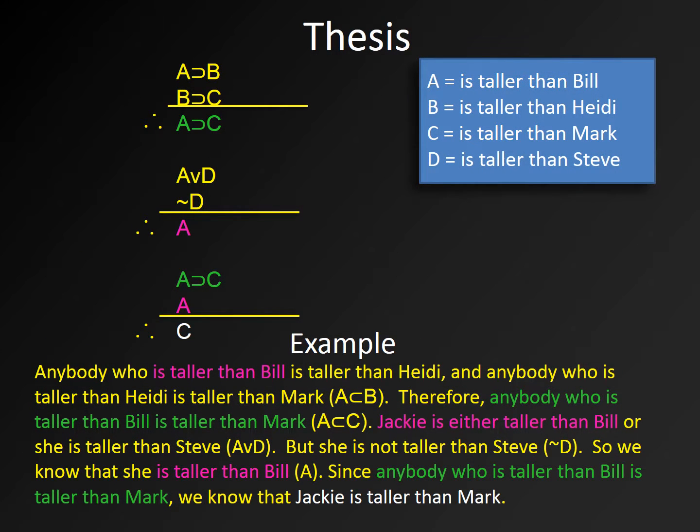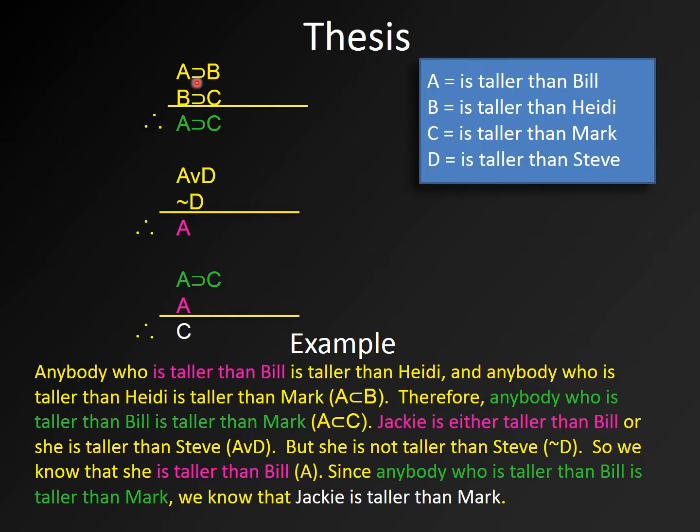Okay, so here's the idea of a thesis. A thesis in deductive logic, or actually in logic in general, is when you string together several of these into a larger conclusion. So in other words, you use premises to reach a conclusion, and then you use that conclusion as a premise in another argument to reach a further conclusion.